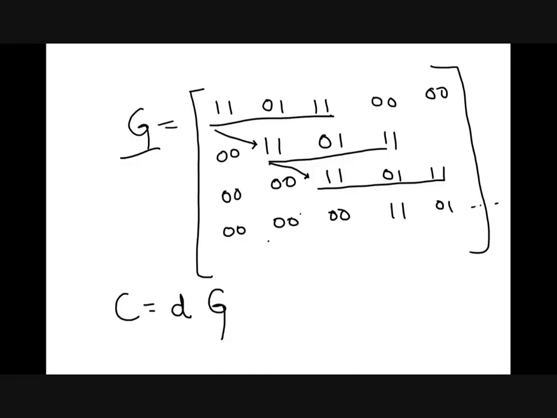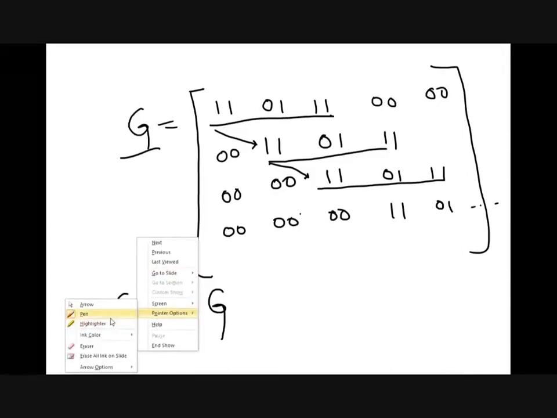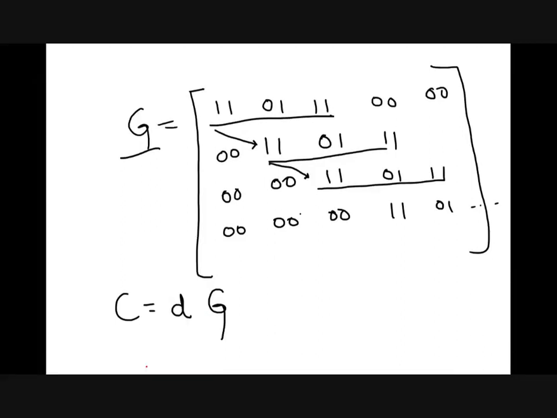Suppose I have to find the impulse response, what I have to do is multiply it with 1, 0, 0. My data vector will be 1, 0, 0.